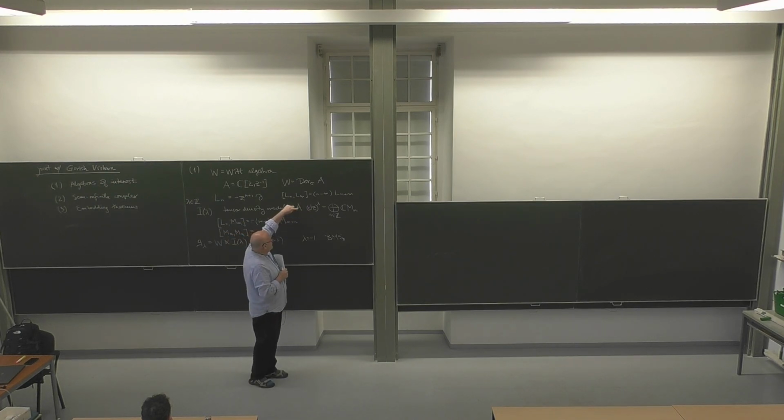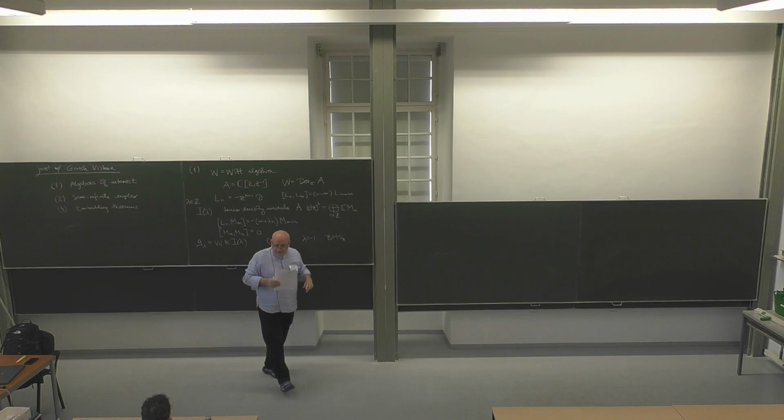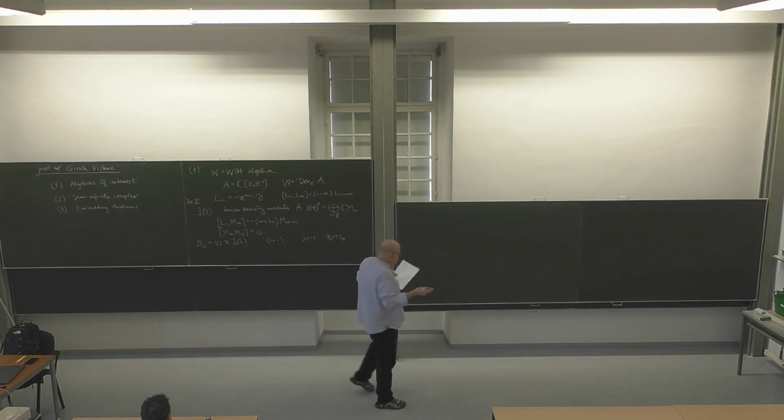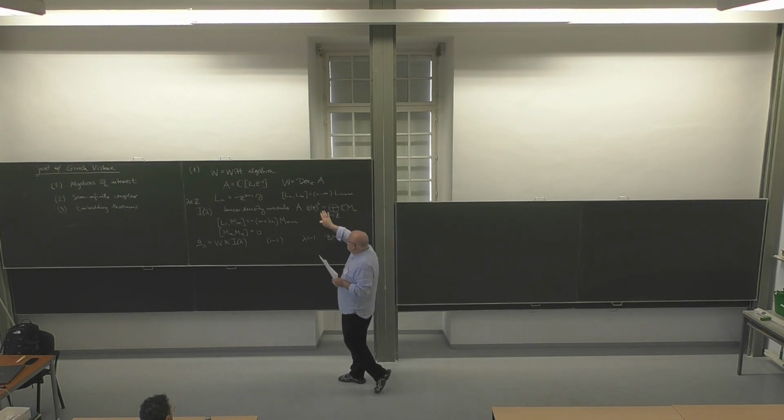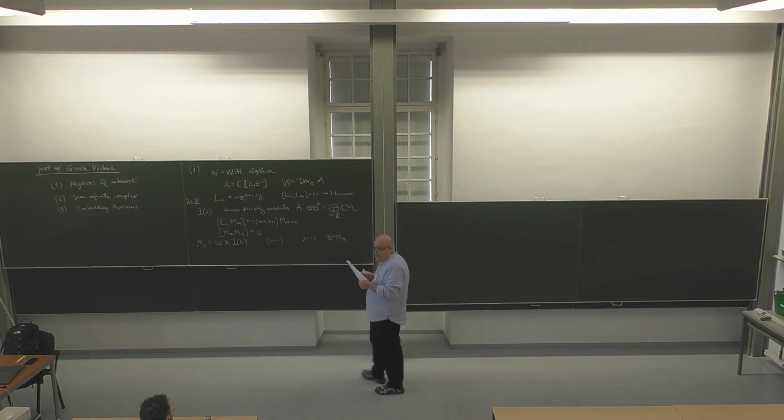The module is spanned by z to the alpha, dz to the beta, and depending on their values, there's an intricate relationship between these. But here I'm doing something very simple. I'm just taking lambda to be an integer.